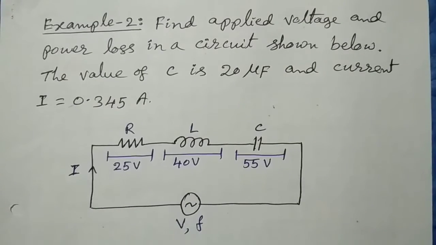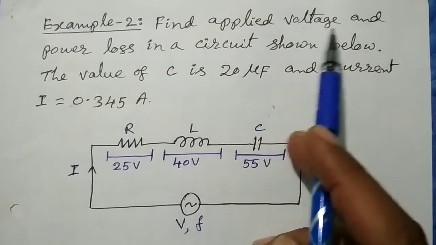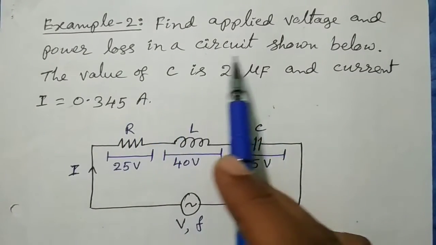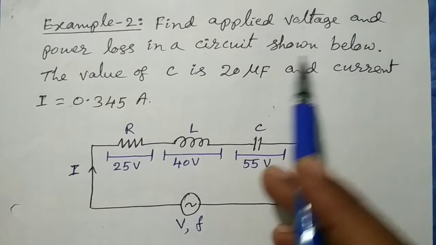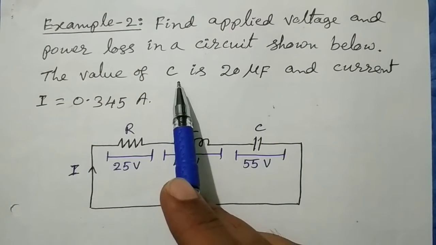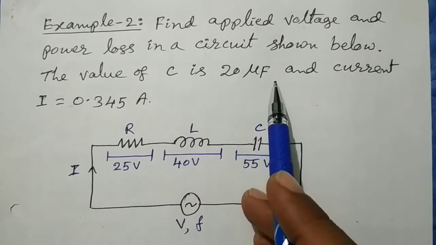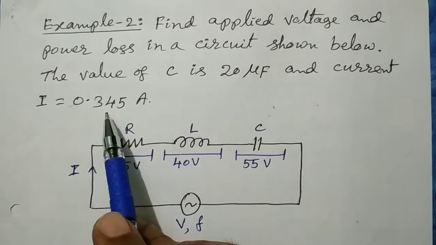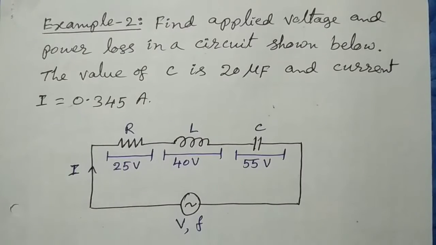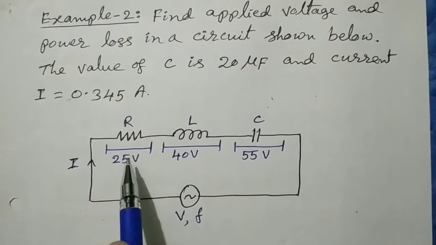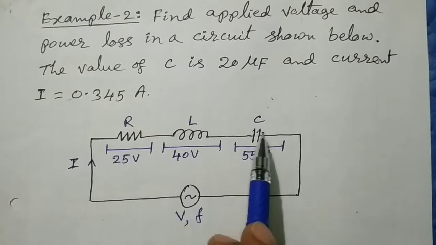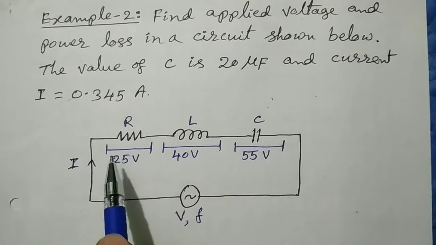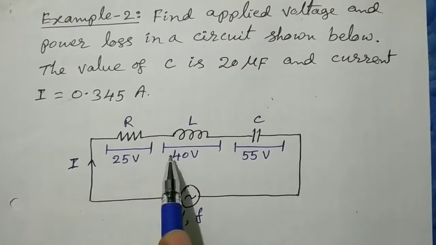In the next question, find the applied voltage and power loss in a circuit shown below. The value of the capacitance is 20 microfarad and the current in the circuit is 0.345 ampere. So here the circuit is given: R, L and C. Here the voltage drop across each element is given.